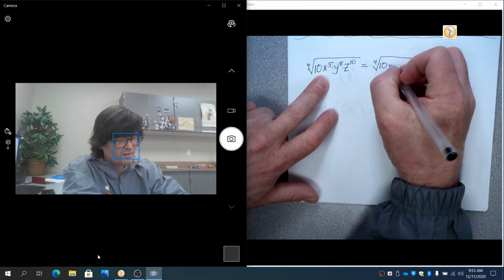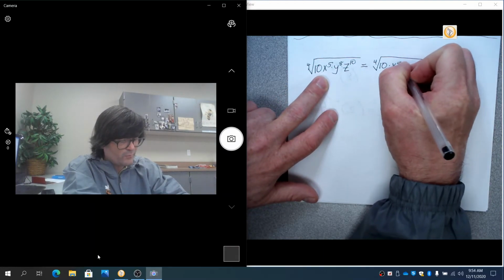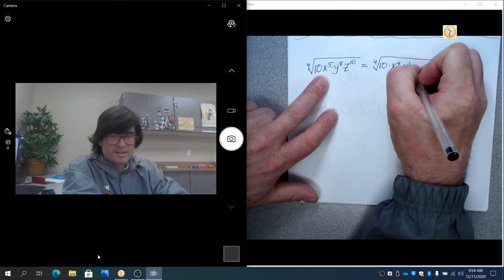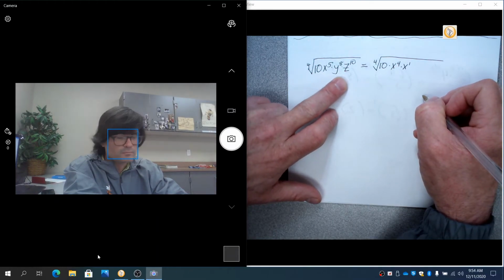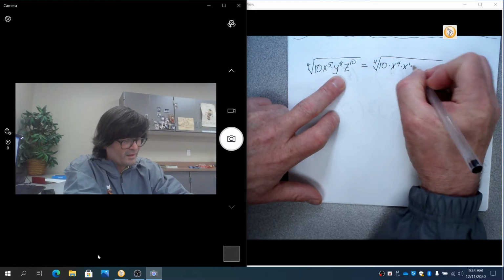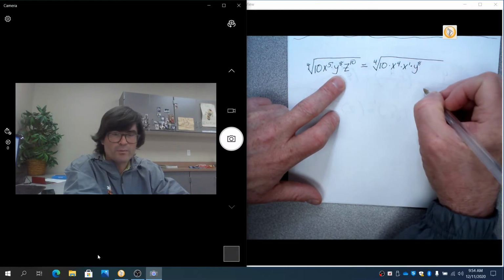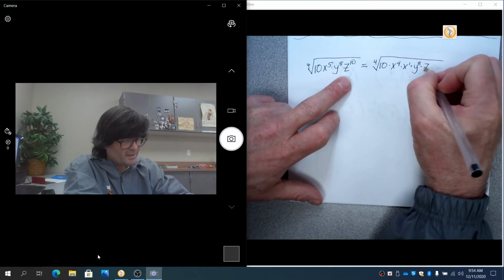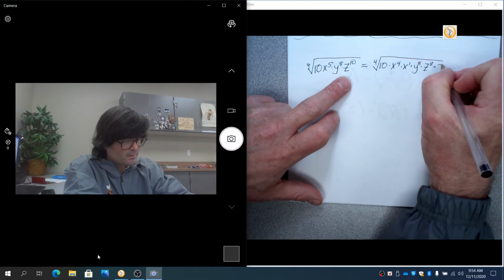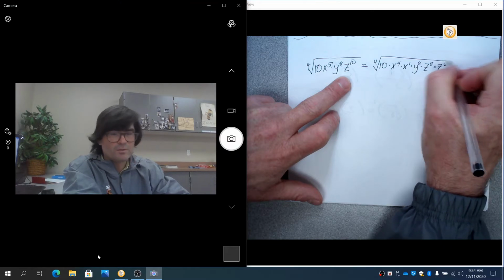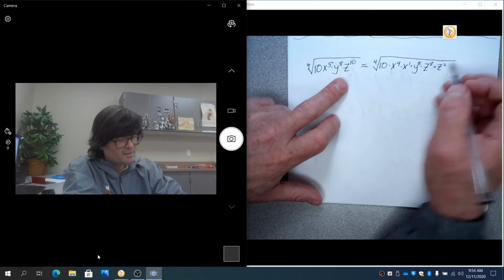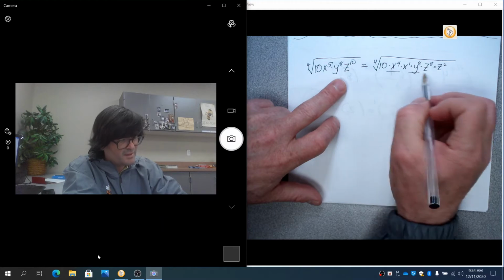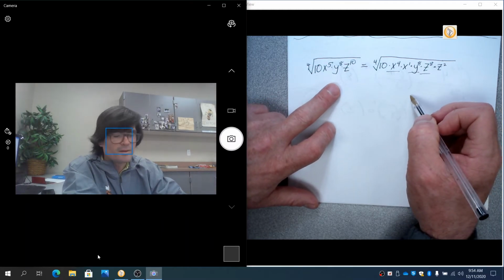So with x to the 5th, I'm going to write that as x to the 4th times x to the 1. Y to the 8th does have a nice fourth root, so I'll just leave that be. For z to the 10th, I'm going to write that as z to the 8th times z to the 2. So what I've done here is I've said this and this and this, all those things can come out.